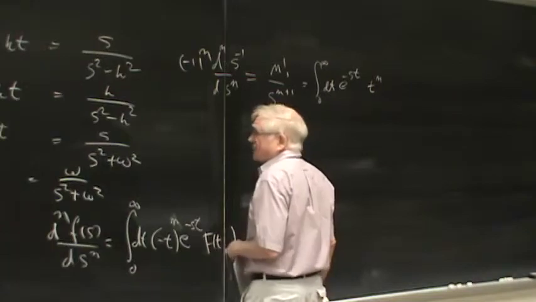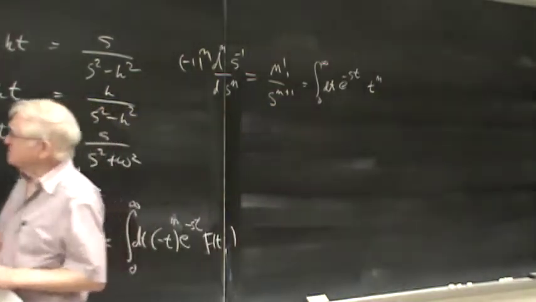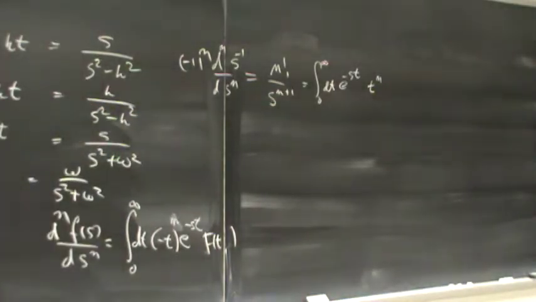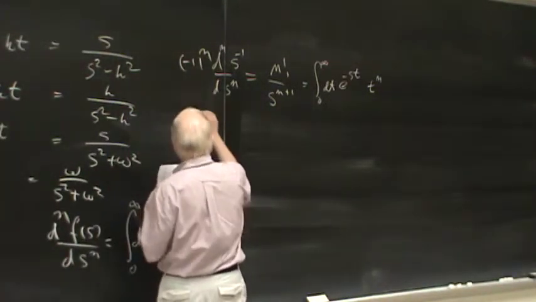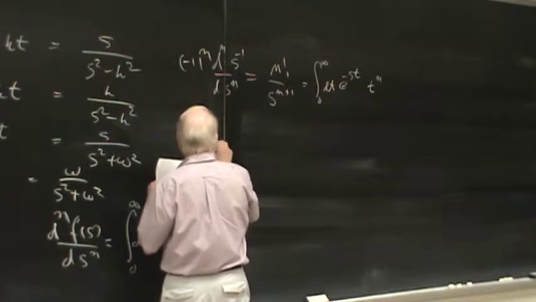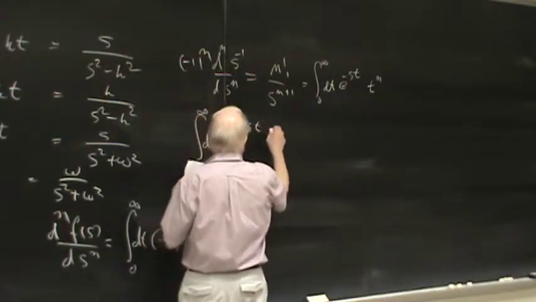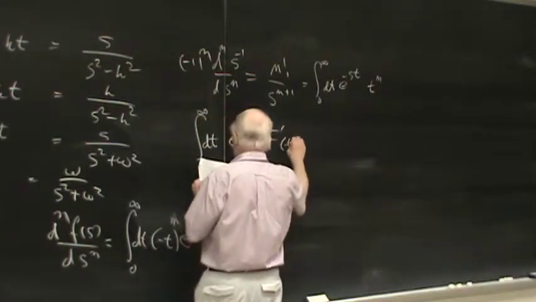Now, that's differentiating F of s, but we can also differentiate f of t. In other words, we can consider the Laplace transform of the derivative of f of t, namely f prime of t.